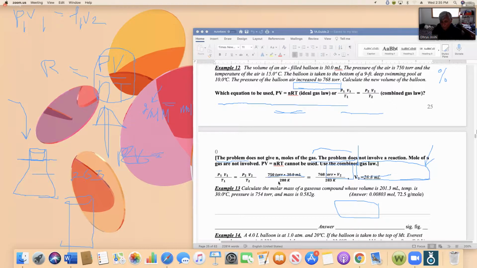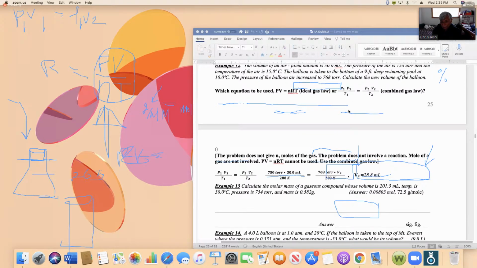Once the reasoning is done, I'm just going to substitute all the values given to me. 5 values are given here. 9 feet deep has nothing to do with this calculation. But the 5 values are given, so I write down the 5 values, and the 6th value, V2, is not given, so I find V2 by substitution.